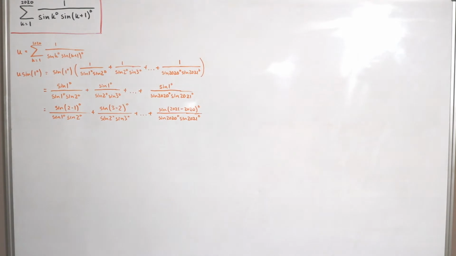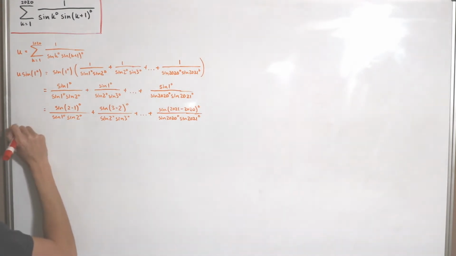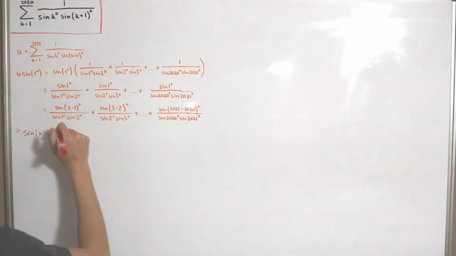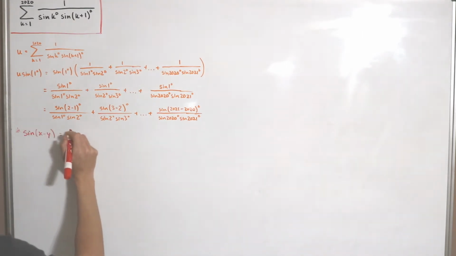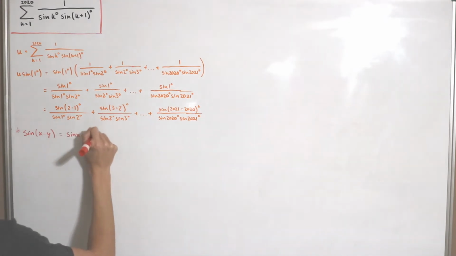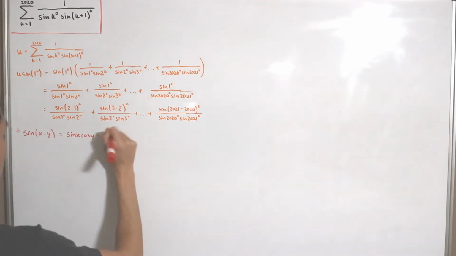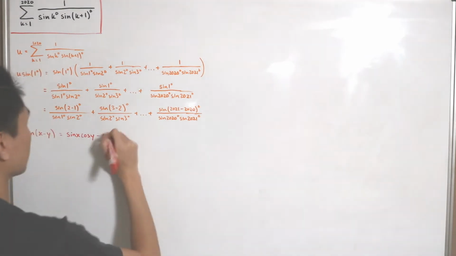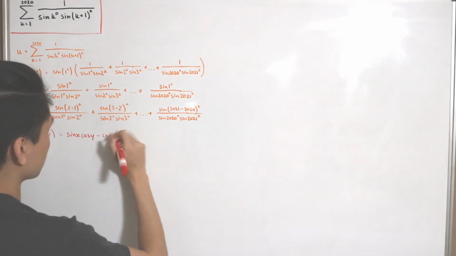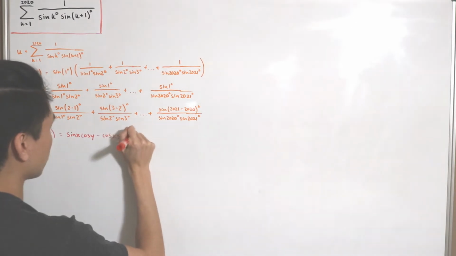So the identity is that sine of x minus y is going to equal sine of x multiplied by cosine of y, minus cosine of x multiplied by sine of y.